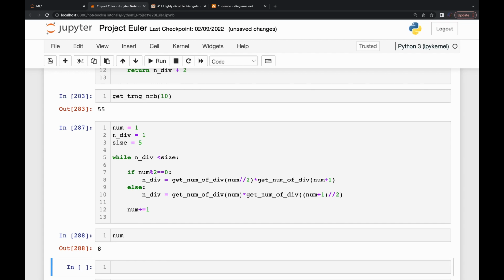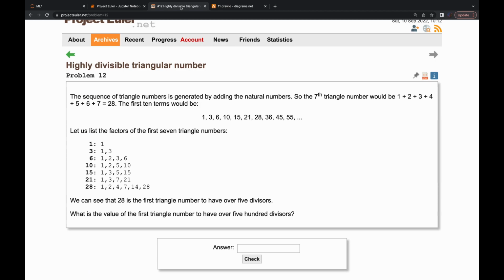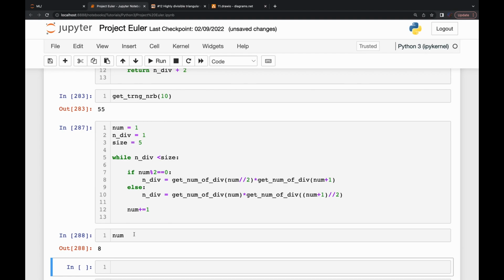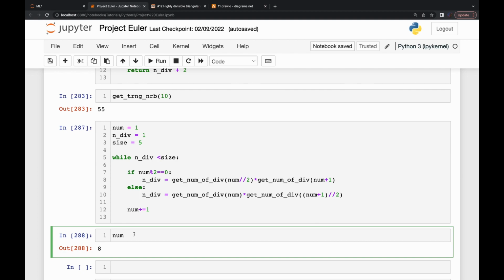So num came as 8, but ideally it should be 7. If you look at that, it says the 7th triangle number is the first triangle number where number of divisors is more than 5. So in our logic, it's just counting on to 8. So if I just reduce it by 1, that should be okay.